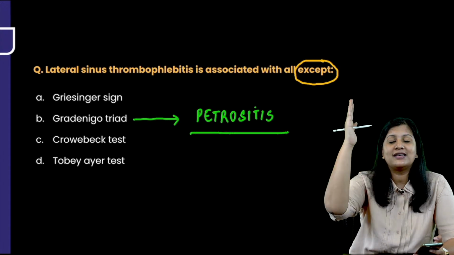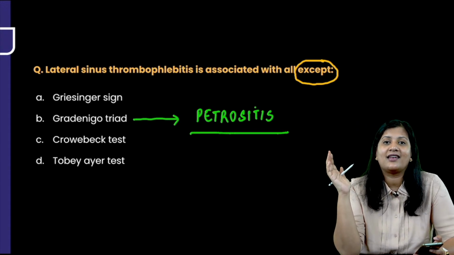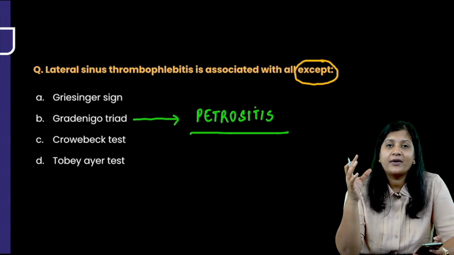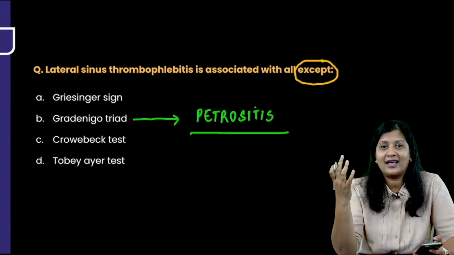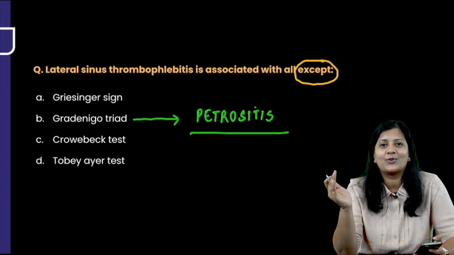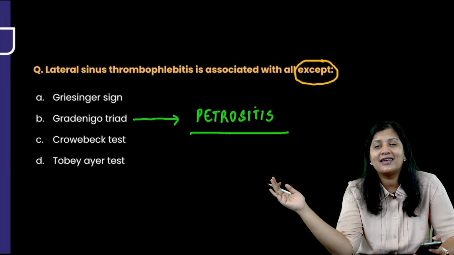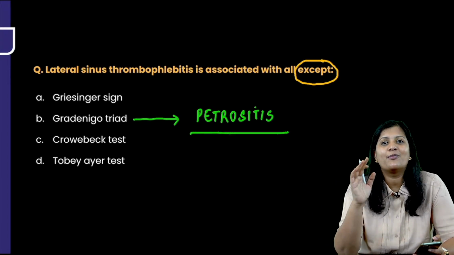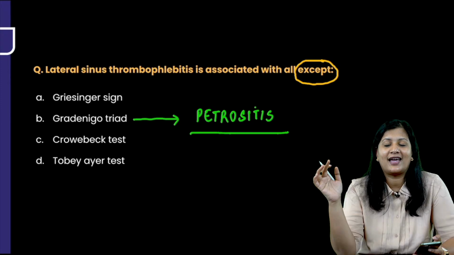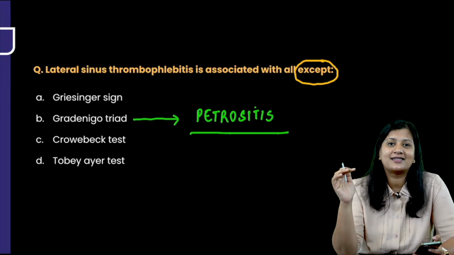And now there will be a rise in the intracranial pressure. So what will happen? Will there be further enlargement in the size of the optic disc? Yes, so you will do a repeat ophthalmoscopy and check the size of the optic disc. You will see that there is an increase in the size of the optic disc, and this will suggest to you that there is a probability of sigmoid sinus thrombosis or lateral sinus thrombosis.